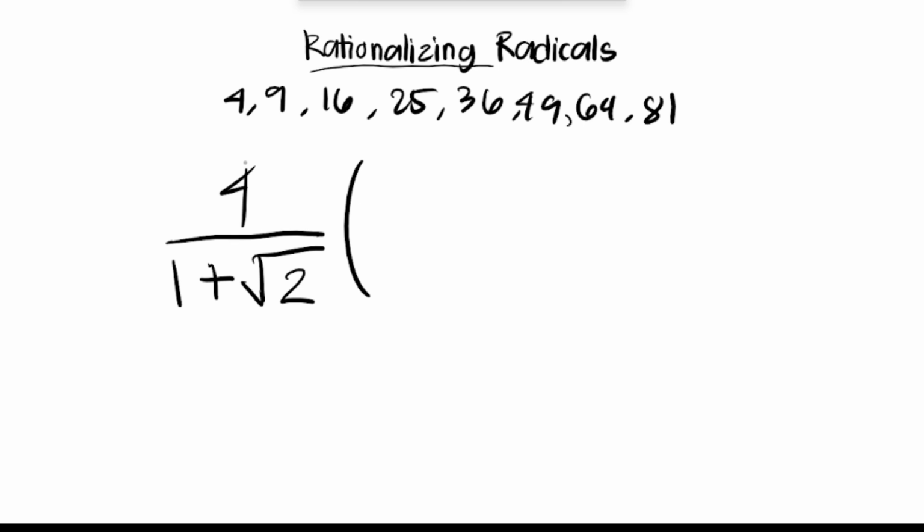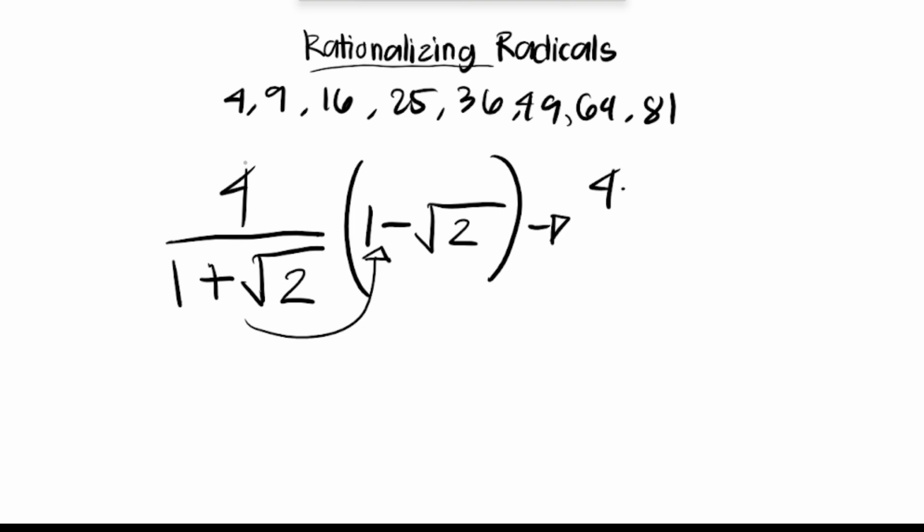So we have 1 minus 2 square root of 2. When we are conjugating, we are going to change the sign from positive to negative, and if it's negative, then we're going to change it to positive. Now, 4 times 1, that's 4 minus 4 square root of 2 over, again, it's going to be negative 2, because we can cancel this out.